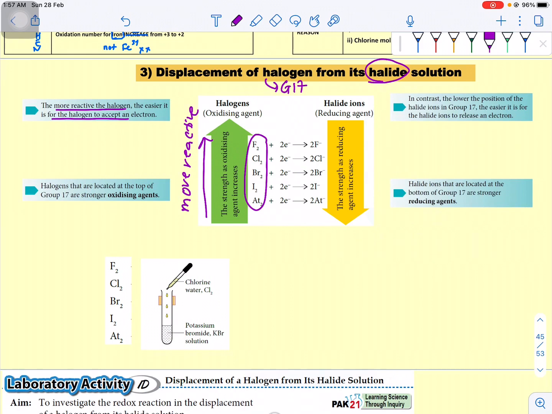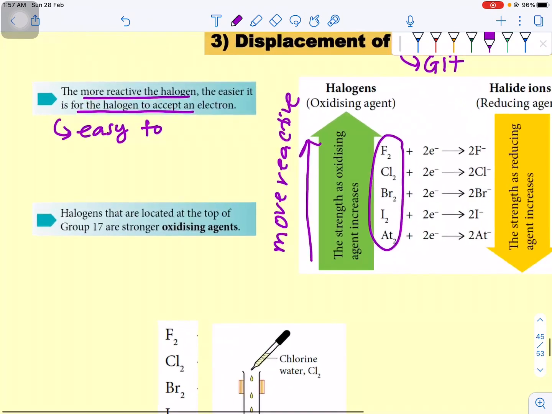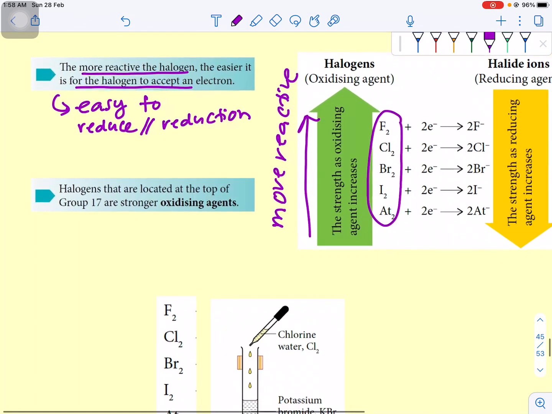So meaning that when it is easy to gain, easy to accept electron, this halogen is easy to be reduced, or undergo reduction. Because it is easy to undergo reduction, this more reactive halogen is considered a stronger oxidizing agent.